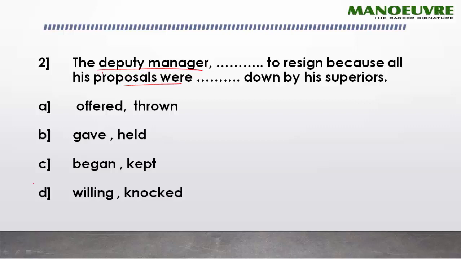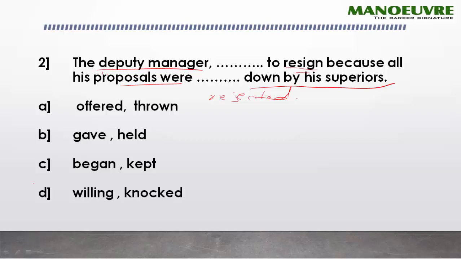Were dashed down by his superiors. If you assume the word rejected in your mind like I just did, you will be more in a position to understand what the sentence is trying to convey. The deputy manager dashed to resign. Think about the word rejected, because we have already used the word resign over here.